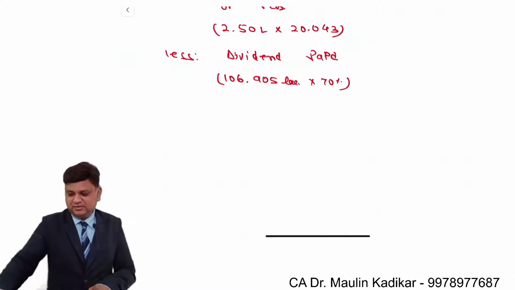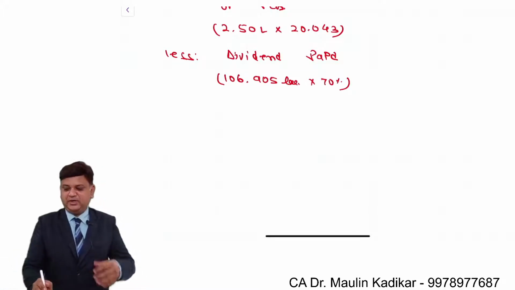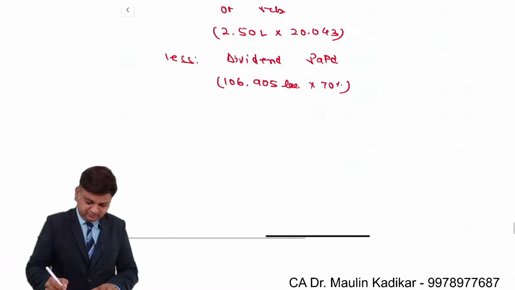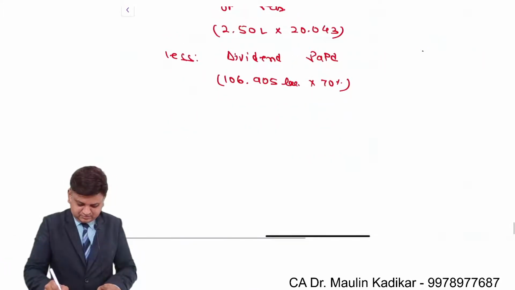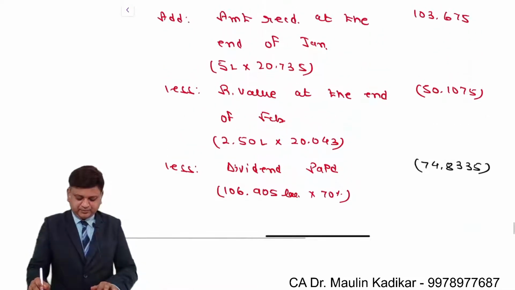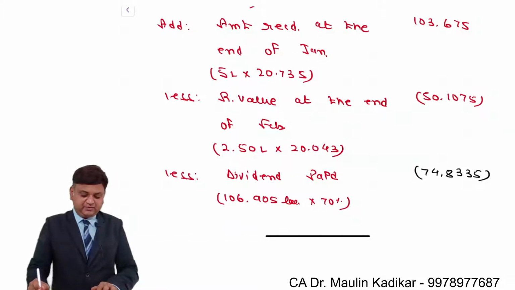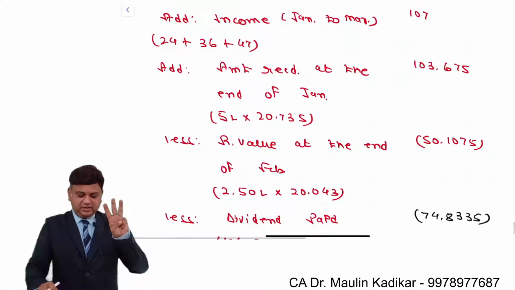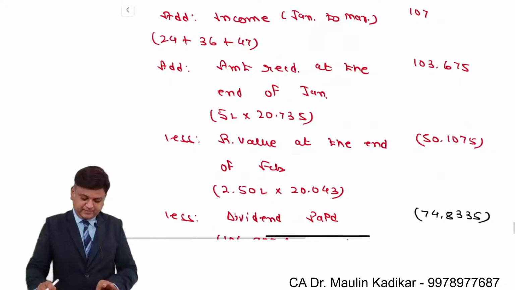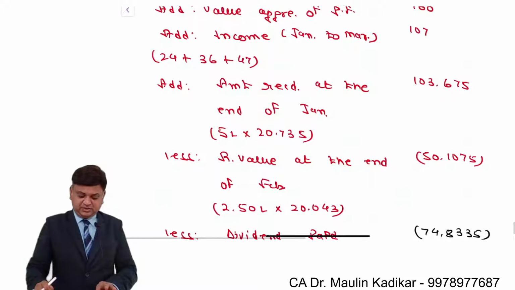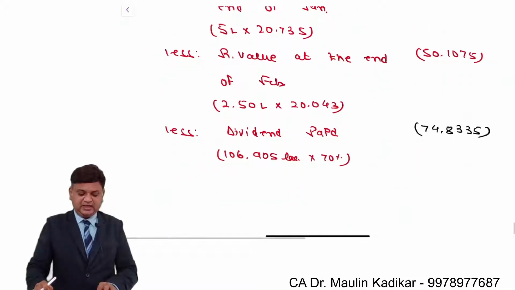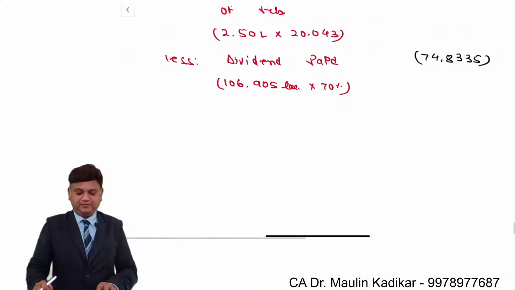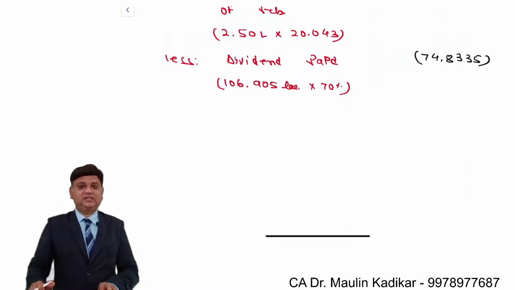So the answer is 74.8335. This is the way, so the amount of the dividend paid will be deducted. That's it. So opening NAV plus the amount received plus income plus the value of the portfolio appreciation minus the amount paid at the end of the February and the dividend payment. Net of all of this is the net asset value.